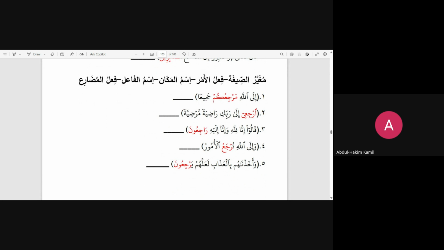طيب نغير الصيغة فعل الأمر اسم مكان اسم فاعل فعل مضارع. There's no قال Allah here. Look at that, there's no قال Allah. You can't write a book and not make mistakes. It's impossible.